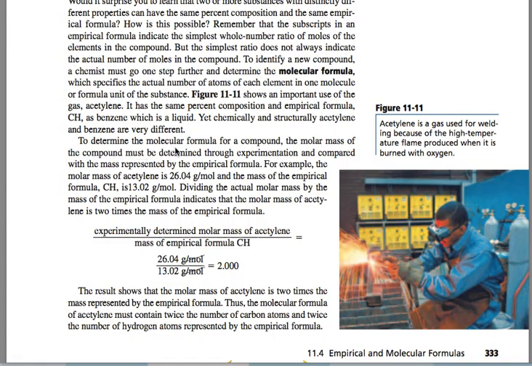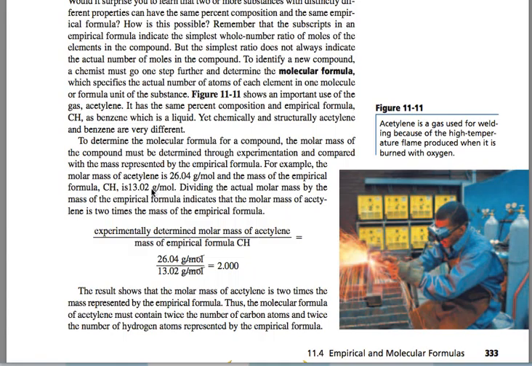To determine the molecular formula for a compound, the molar mass of the compound must be determined through experimentation and compared with the mass represented by the empirical formula. For example, the molar mass of acetylene is 26.04 grams per mole, and the mass of the empirical formula CH is 13.02 grams per mole.